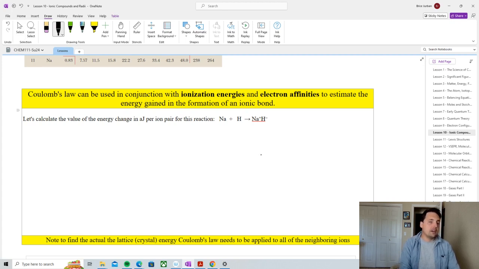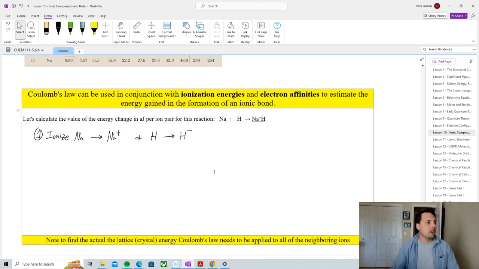For this problem, we're going to need to first convert the sodium atom into its ion. So step 1 is to ionize sodium to sodium plus and hydrogen to hydrogen minus.